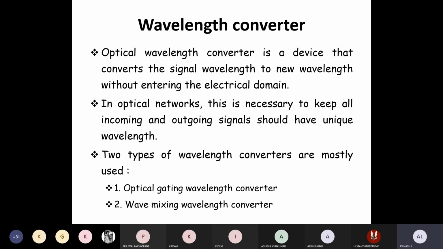Why am I stressing this point? Because electronics is already there: electrical repeaters, amplifiers, all are available. If you want to convert the wavelength, you need to convert the signal into electrical, convert the electrical signal wavelength into some other, and then convert back into optical. That was the situation. But in this case, that is not needed.